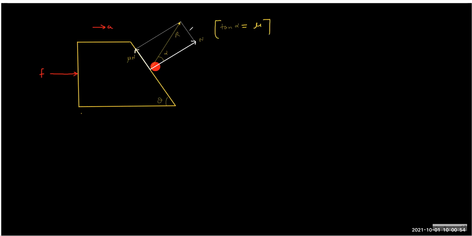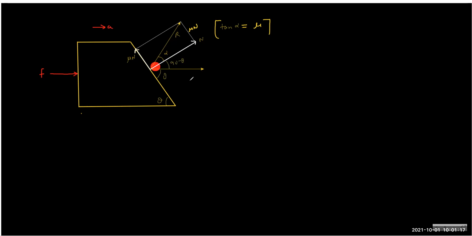Yes, this is mu N. And that is what I'm trying to emphasize, that we need not write everything in the world. And now my job is extremely simplified. And this angle is theta. This angle is 90 minus theta.